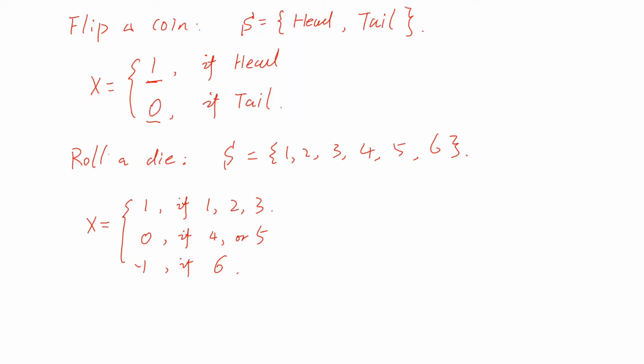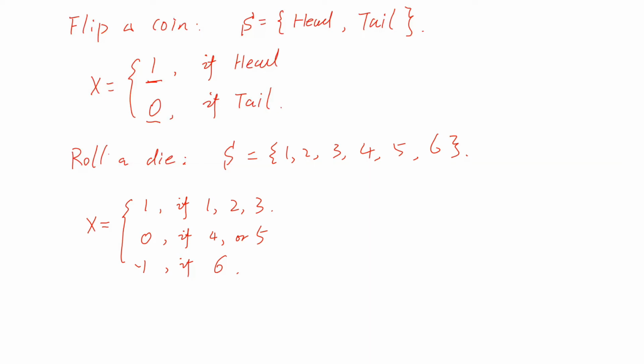Now you can see here X is a random variable. It assigns a real number to each possible outcome in the sample space S. Okay, it assigns 1 to the outcomes 1, 2, 3, assigns 0 to the outcomes 4 and 5. It assigns -1 to the outcome 6.